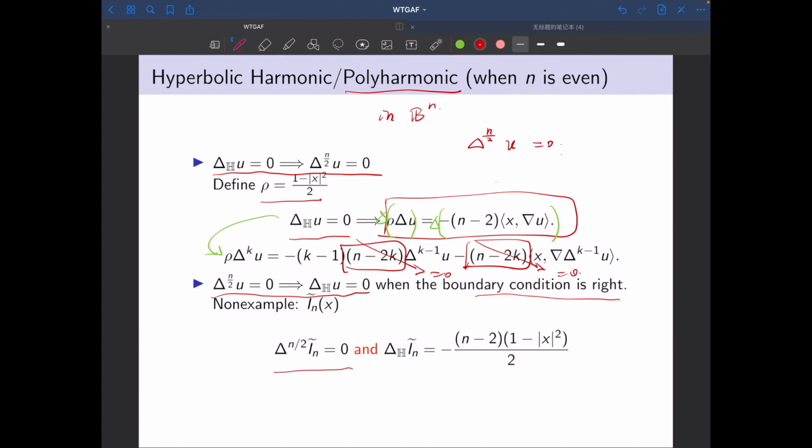You could calculate to see that it is actually polyharmonic, but it is not hyperbolic harmonic, just because the boundary conditions are very off. ln|x| equals 0 for x on the boundary.